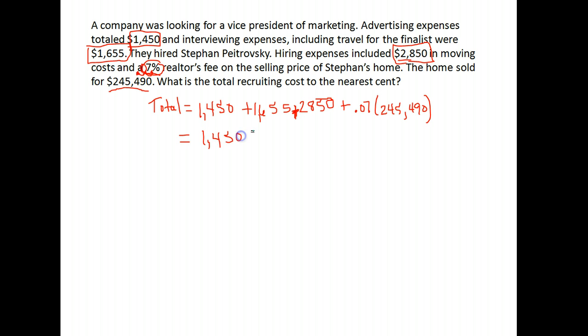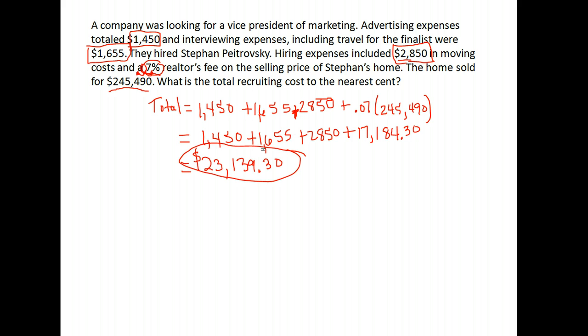So we're totaling, again, we have all of these original values, plus we've calculated the percent, and it came out to, like I said, $17,184.30, and then we just add those together, and I get $23,139.30.